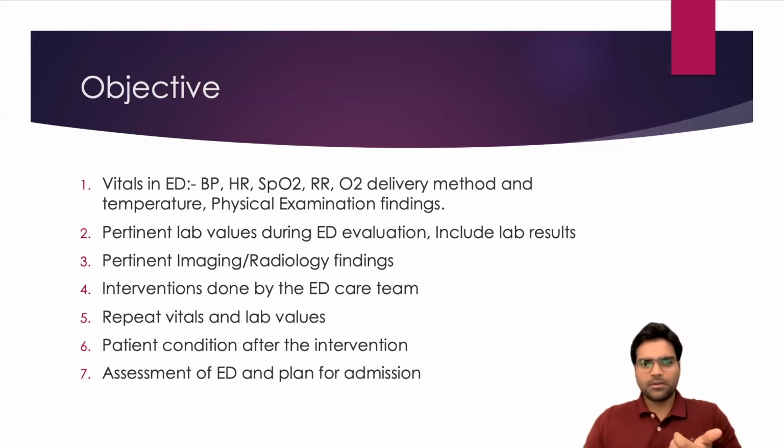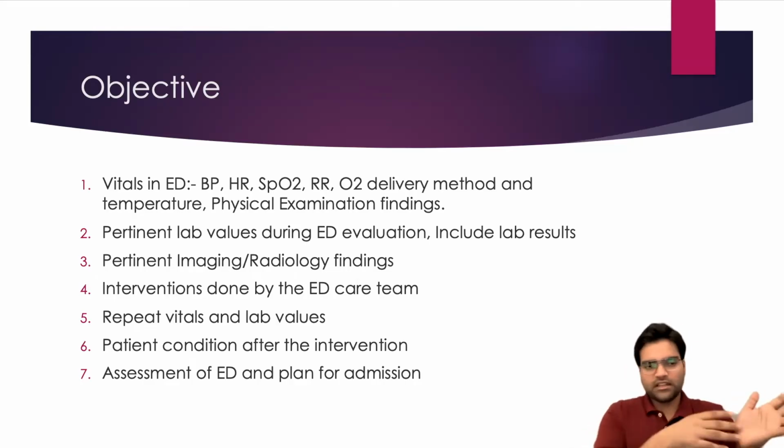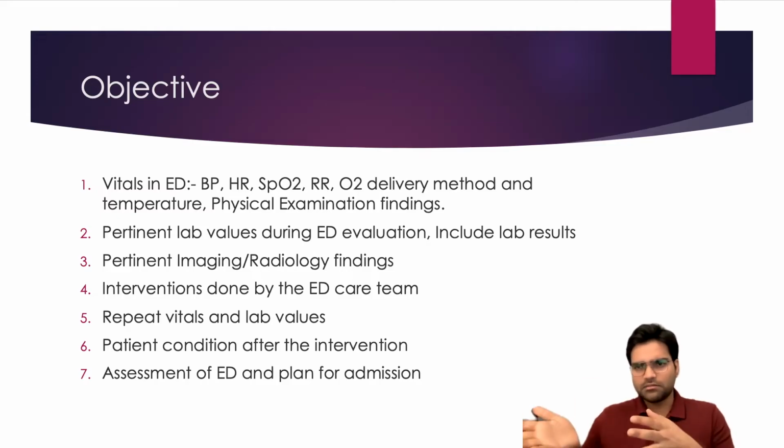And then temperature. If the patient is on nasal cannula or CPAP, you have to mention that the patient is on 2 liters of oxygen by nasal cannula, and the oxygen saturation after the additional oxygen supply, the patient is maintaining at 97 or 98%. On room air, he was maintaining 85 or 86, now he's maintaining 98. So all these things you have to mention.